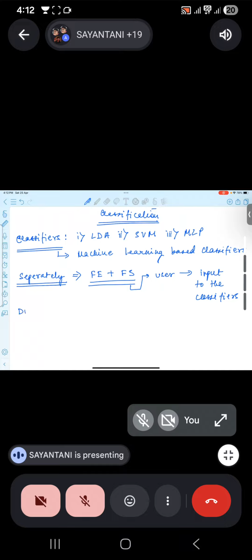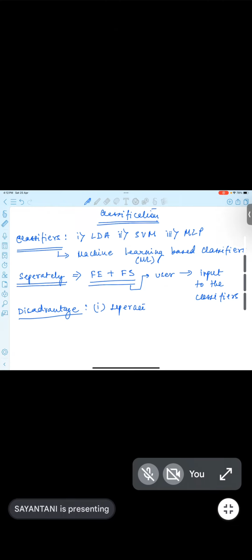So this is the disadvantage of machine learning based classifiers, that is ML based classifiers. You separately provide features. They can be extracted features or selected features.